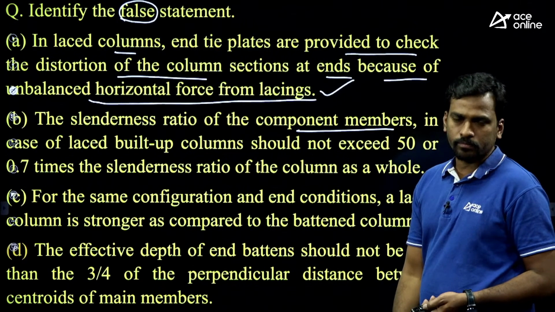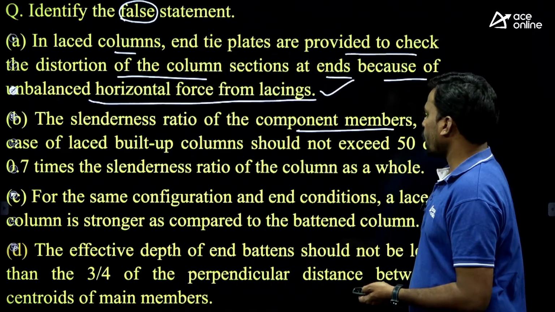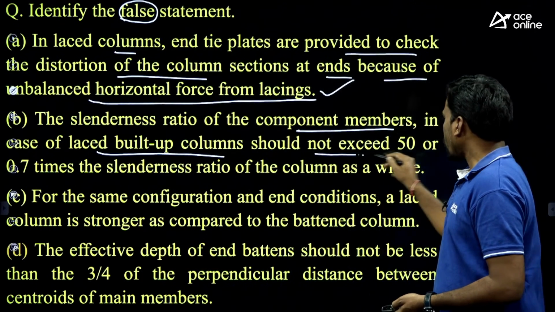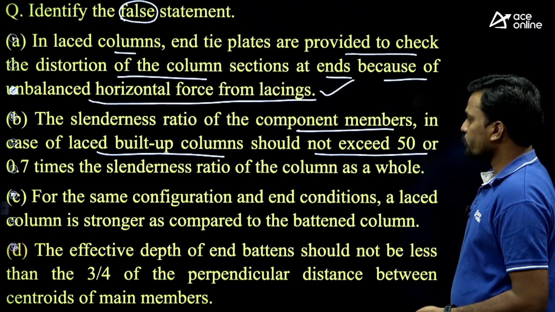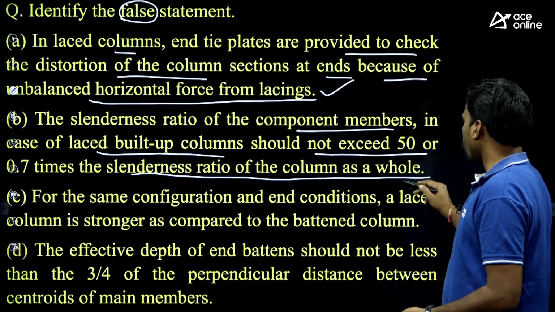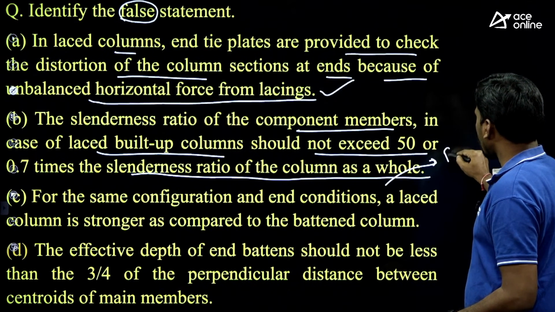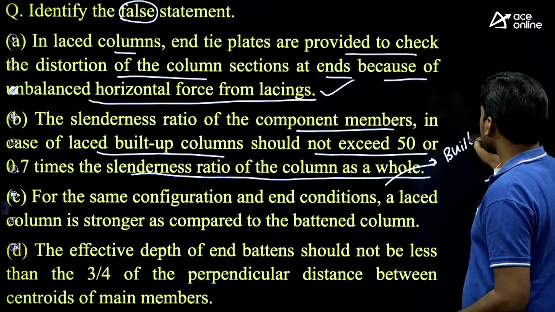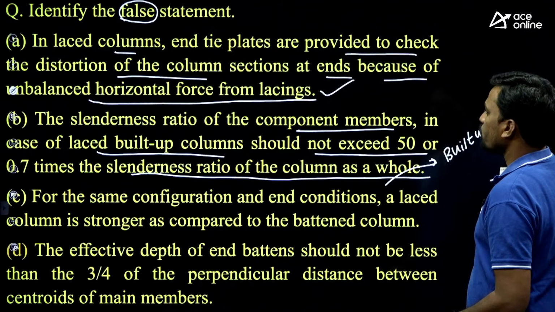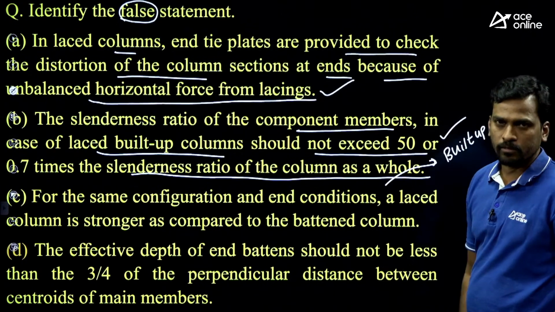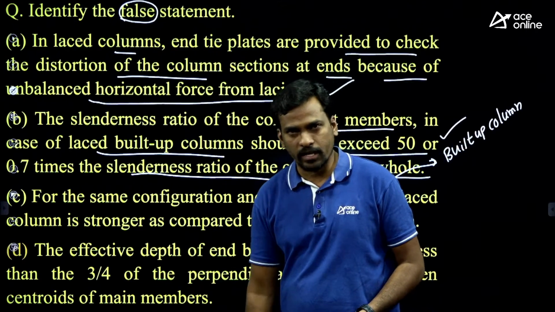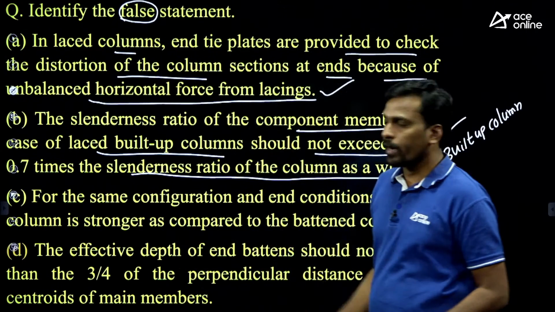Then second statement, the slenderness ratio of the column component, in case of laced built up column, should not exceed 50 or 0.7 times the slenderness ratio of whole column. Whole column means this is called built up column. So statement 2 is also correct. Where did I give this statement? To find the spacing of lacing, I gave this.